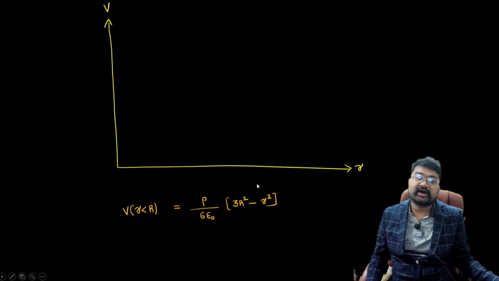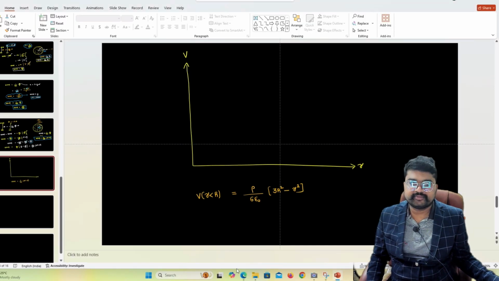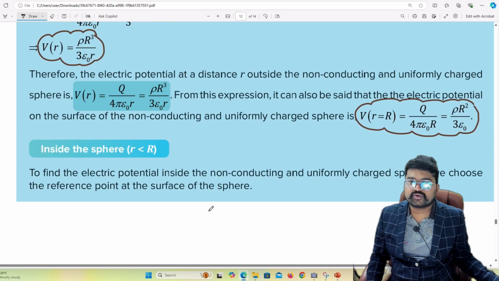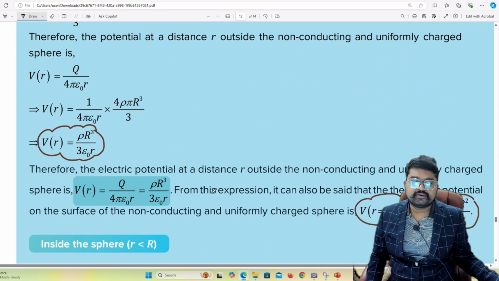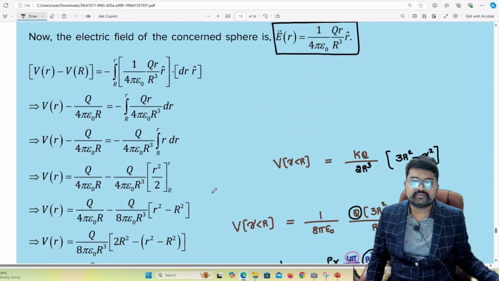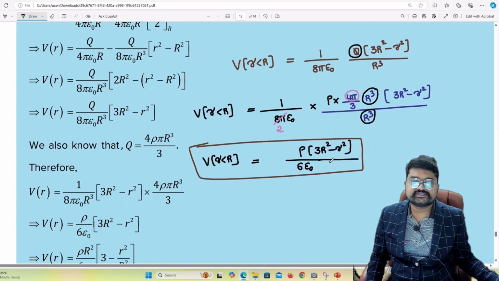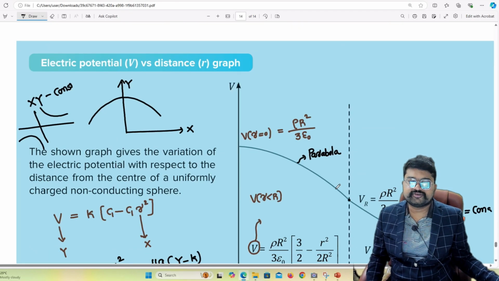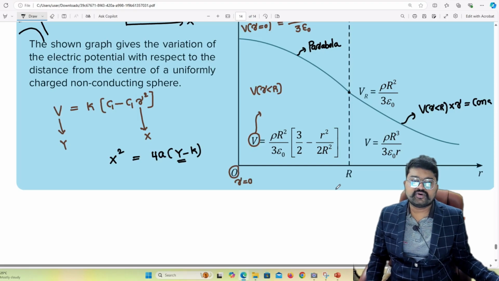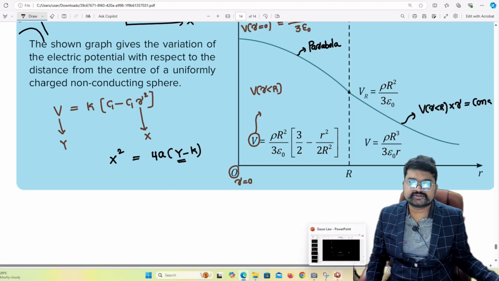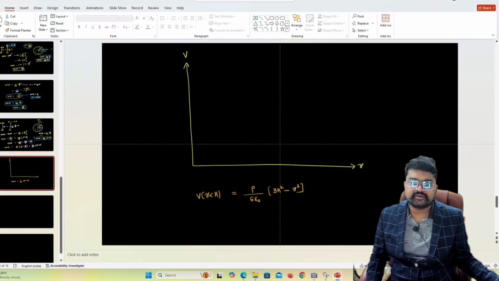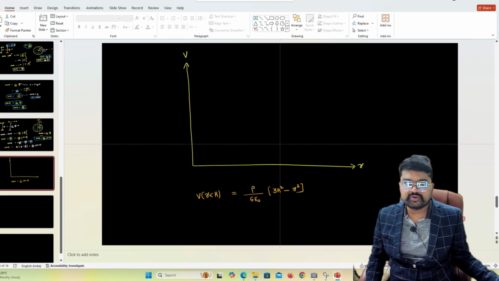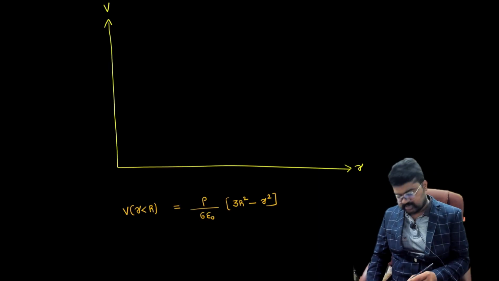R cube is already gone, right? Here rho by 6 epsilon naught, 3R square minus r square. Next one is how much? On the surface, rho R cube by 3 epsilon naught R. Here, rho R cube by 3 epsilon naught R.